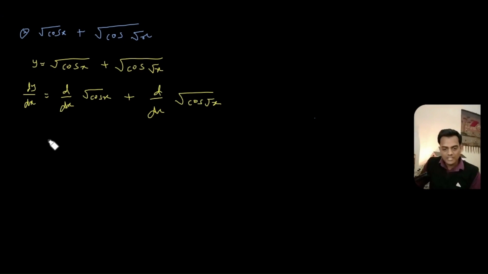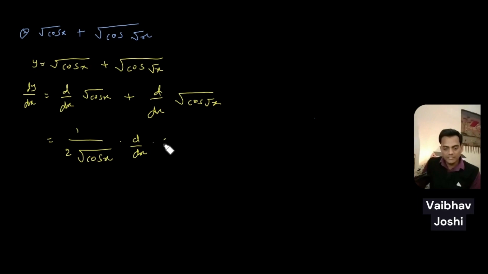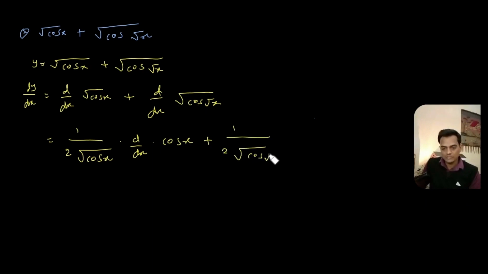So this is equal to 1 upon 2 square root of cos x, and then we have to calculate the derivative of the second term, multiplication: the derivative of the square root, 1 upon 2 square root of that particular term, and then I have to take the derivative of cos of square root into its multiplication. Now it will be the complete solution for our expression.